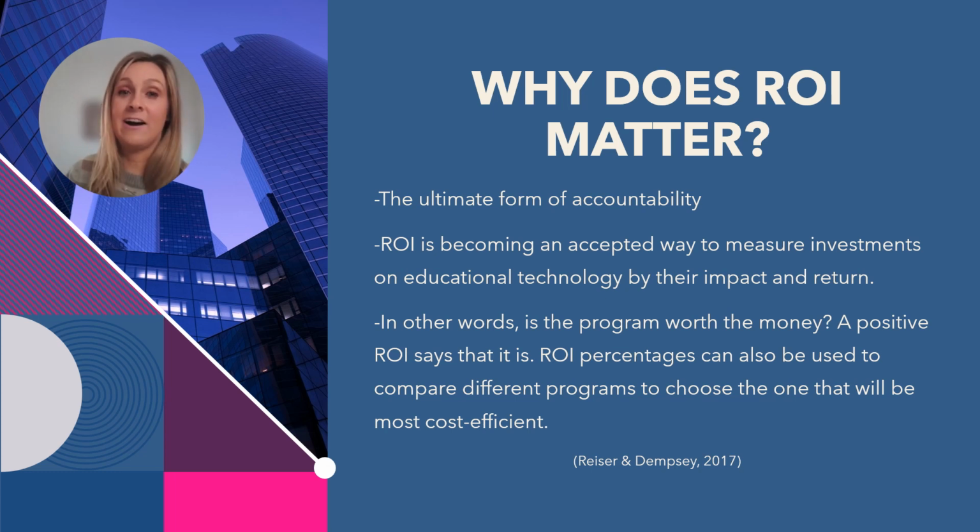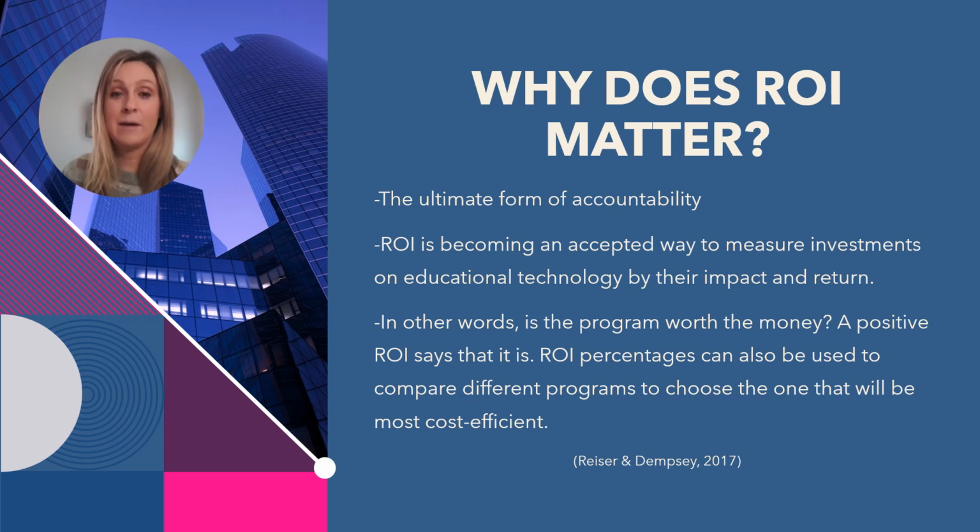Factoring in an ROI percentage when making monetary decisions for a school shows an ultimate form of accountability. It shows that all costs have been considered in deciding to purchase a program, showing that the money in the budget is being used responsibly. ROI has become an accepted way to measure investments on educational technology by their impact and return.